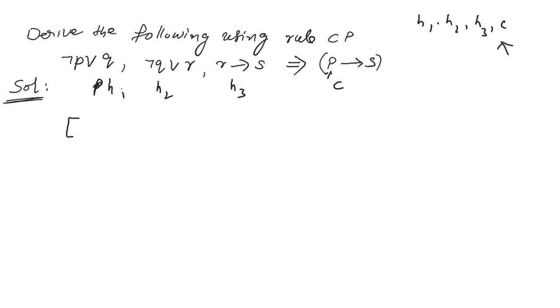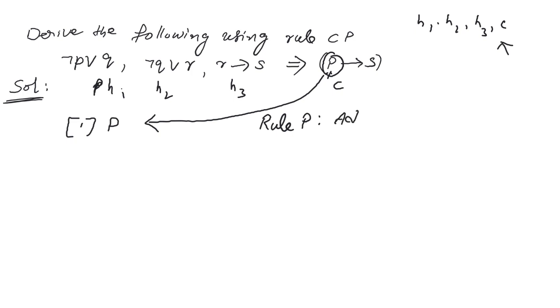Let us start our proof through the formal proof technique. Step one: let us start our first step with this statement P. Rule P, because this is a premise, and this is nothing but an additional premise.